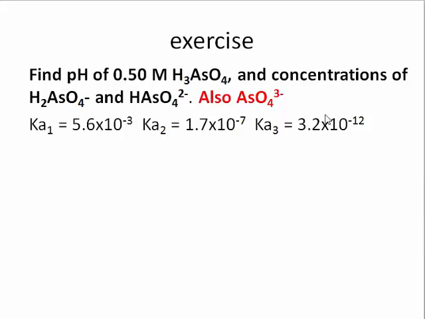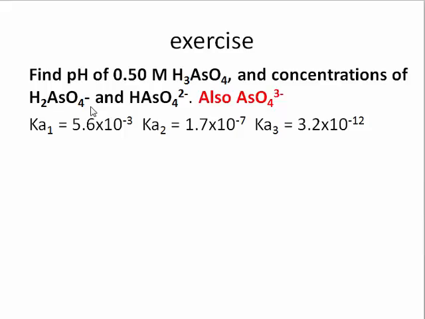For an example, let's consider the arsenic analog of phosphoric acid, H3AsO4, a 0.5 molar solution of this compound, and we have K values for its dissociations down here.